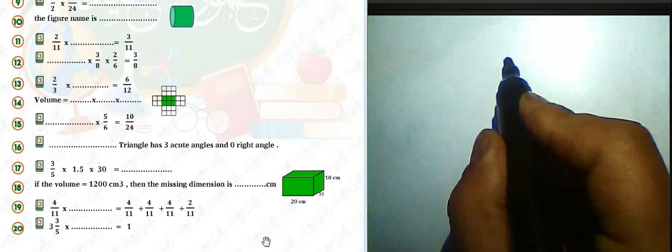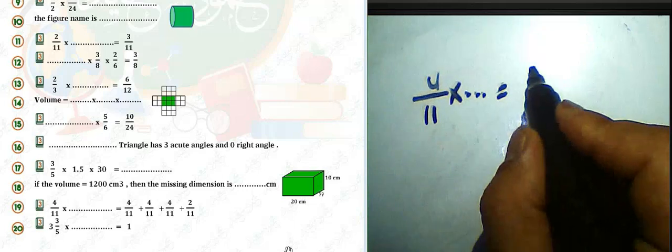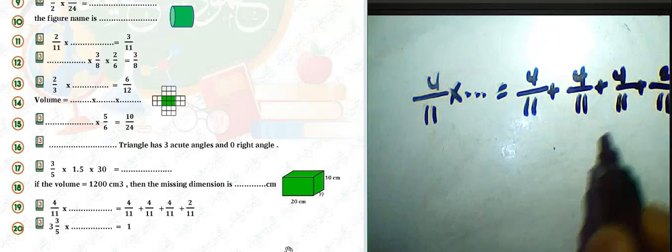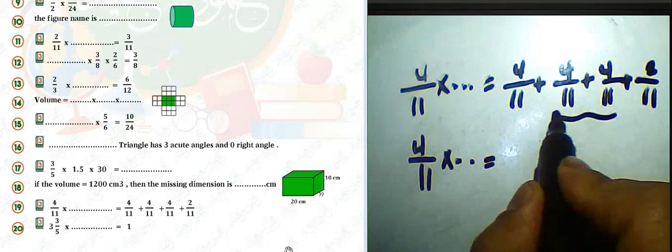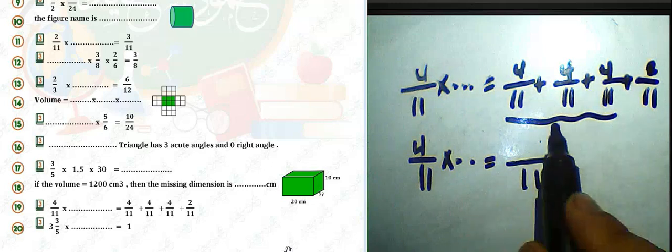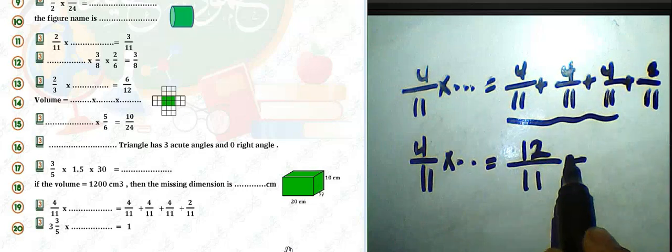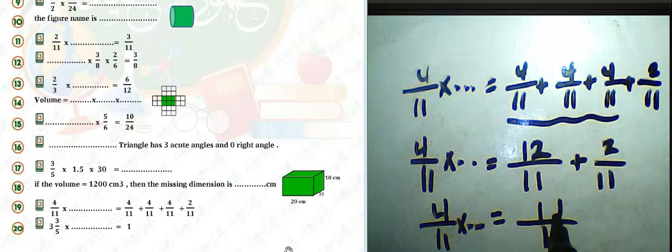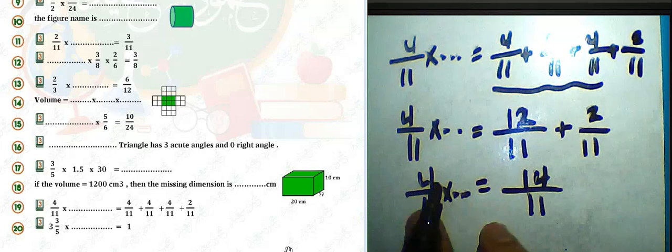Because the result, 4 over 11 times the space, equals 4 over 11 plus 4 over 11 plus 4 over 11 plus 2 over 11. We have 4 over 11 here 3 times, so 4 plus 4 plus 4, or 3 times 4 equals 12, plus 2 over 11. Or you can find the total in one step. Write 11 here, 12 plus 2 equals 14. Okay, my students, 14 over 11, and here 4 over 11.